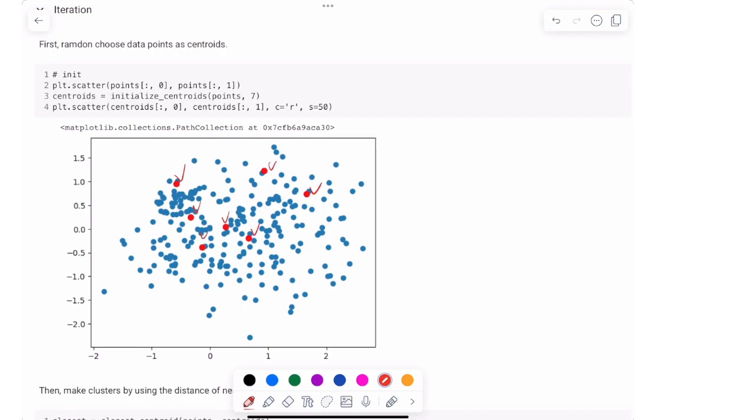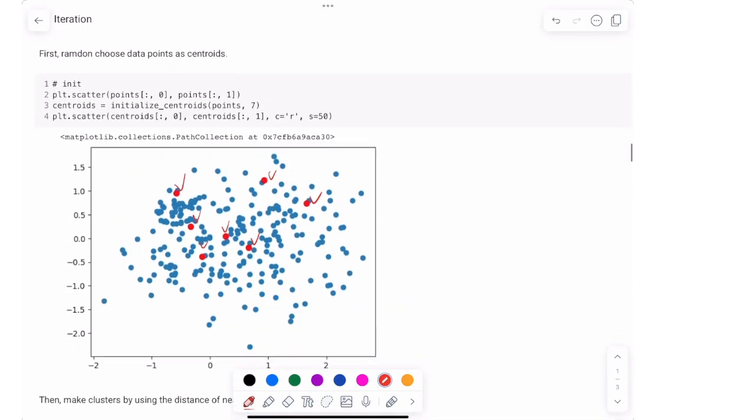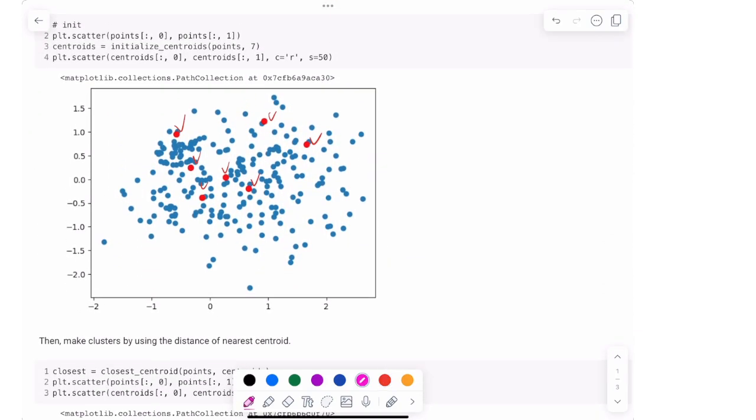The second thing is that you calculate the distance value. We have 150 points, but 7 of them would be the red ones. So now we have 143 data points. Let's select one of them.